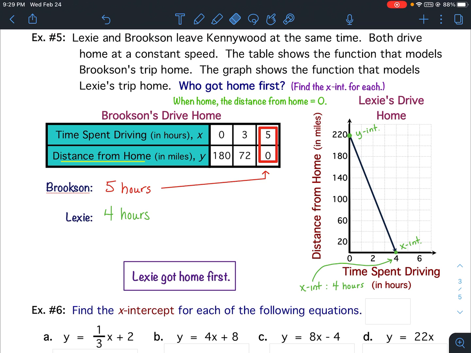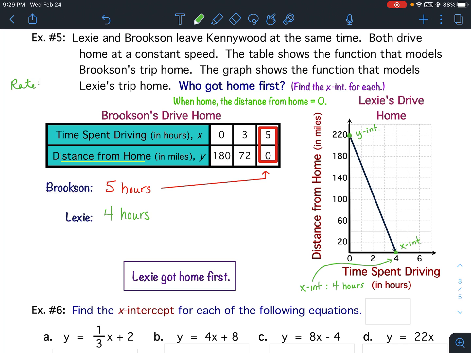All right. Now, we're going to also find the unit rate or the rate of change here. So for Brookson, his rate. How many total miles did he drive? Before he leaves, it's 180 miles.